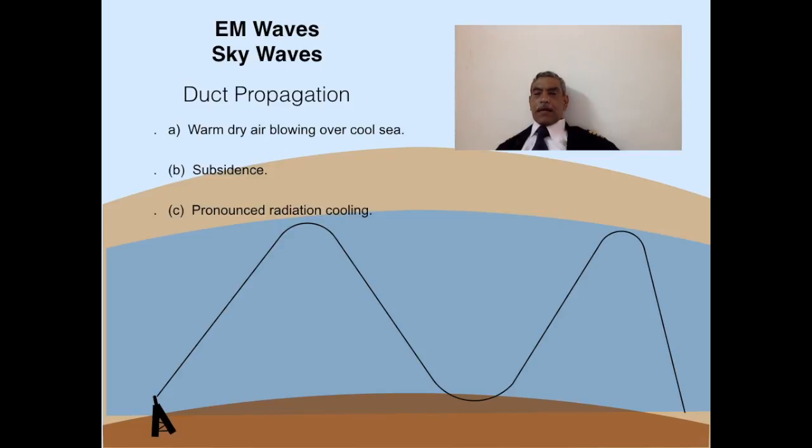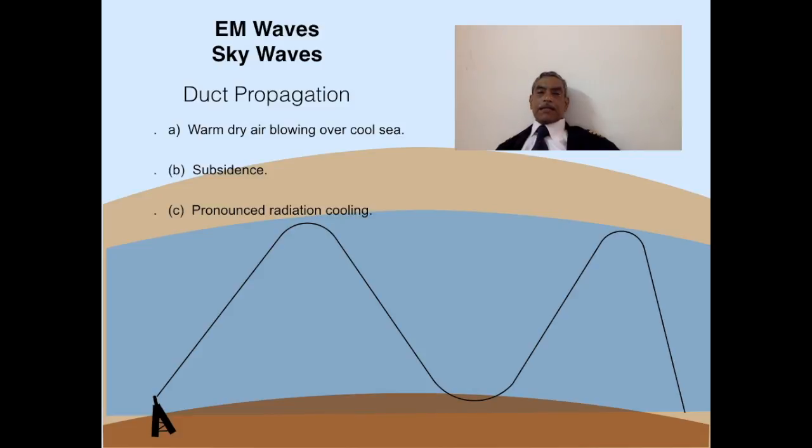That means it doesn't have to reach the top layers of the atmosphere. It gets bent and reflected at a much lower level, and sometimes you are able to reach over long distances. This is called duct propagation.